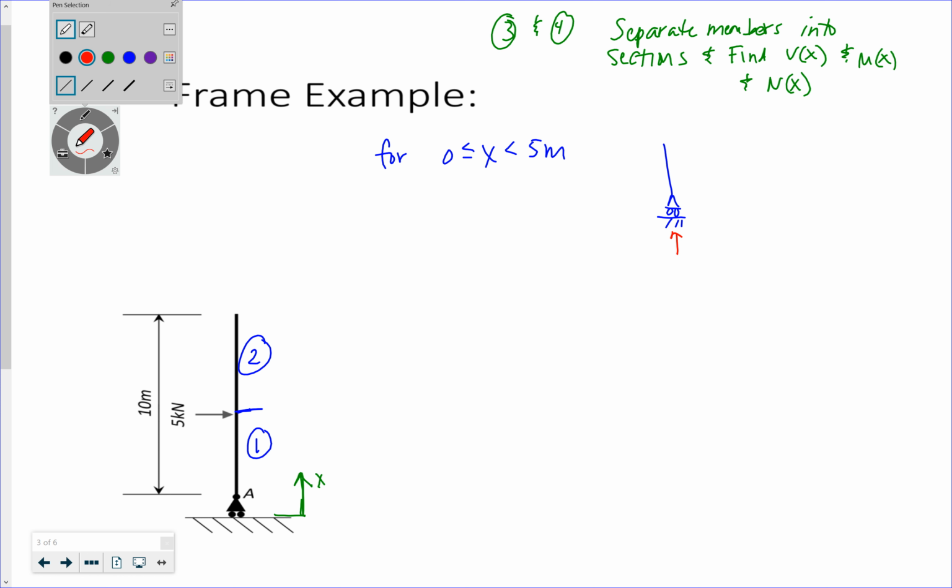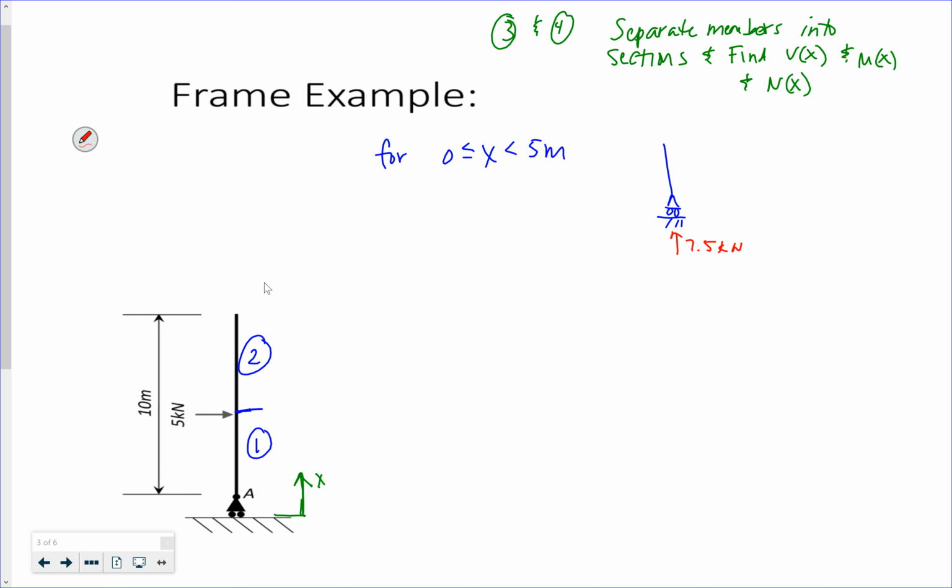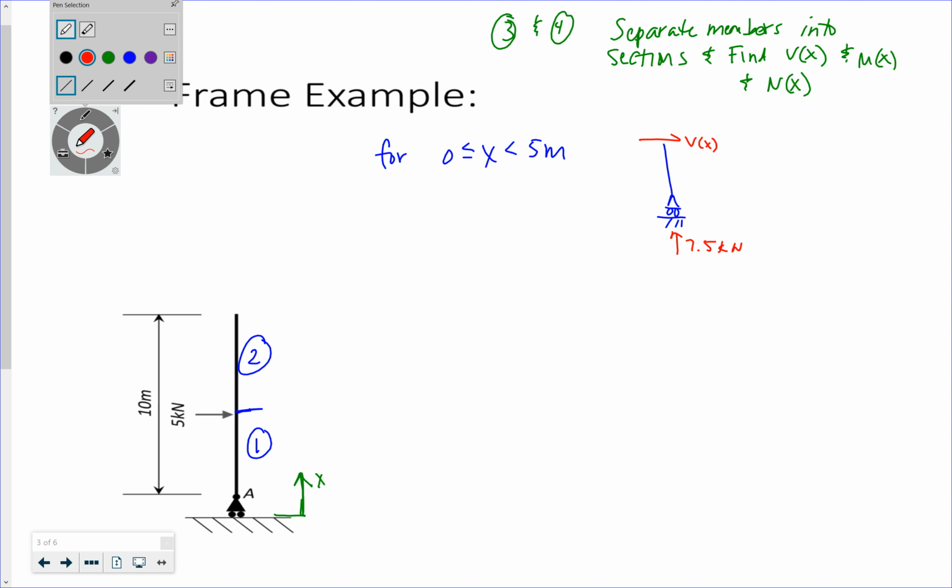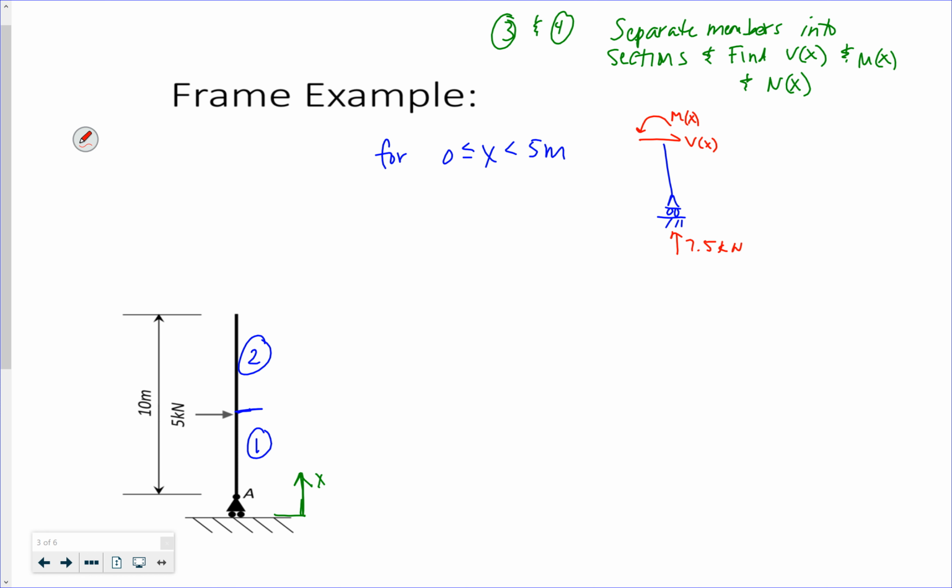I have 7.5 kilonewtons. And then I have shear and moment and an axial load.